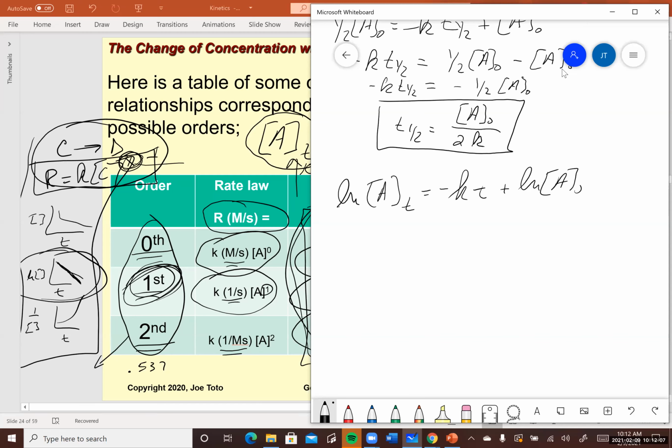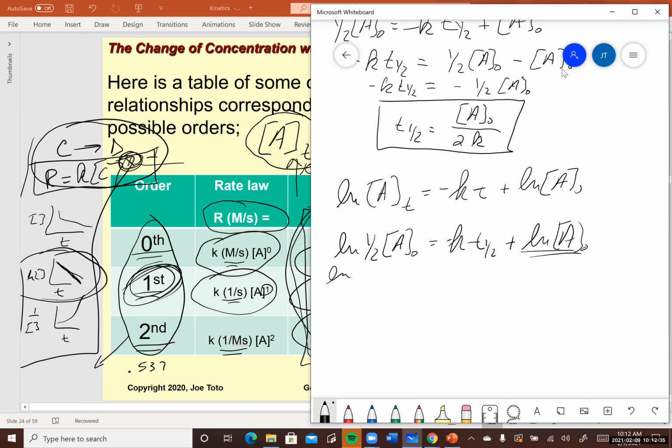So for half-life, I'm going to make that substitution. ln 1/2 A0 equals minus KT 1/2 plus ln A0. I could subtract that from both sides.